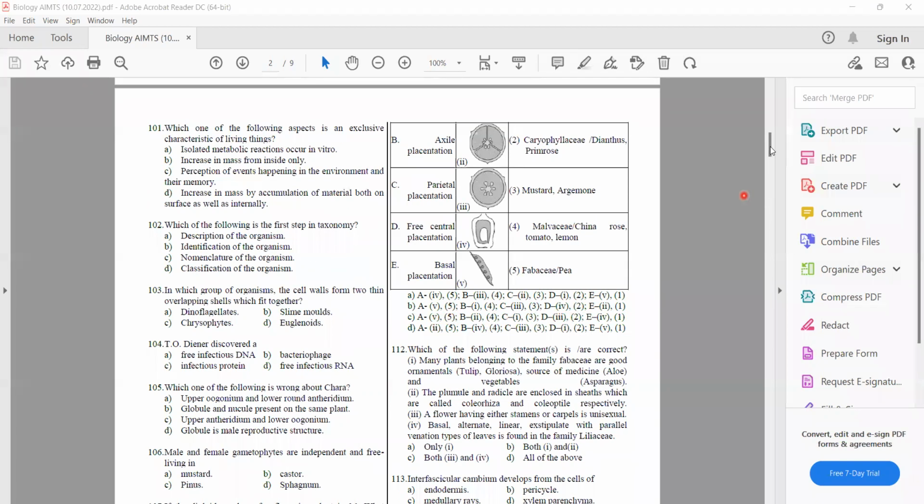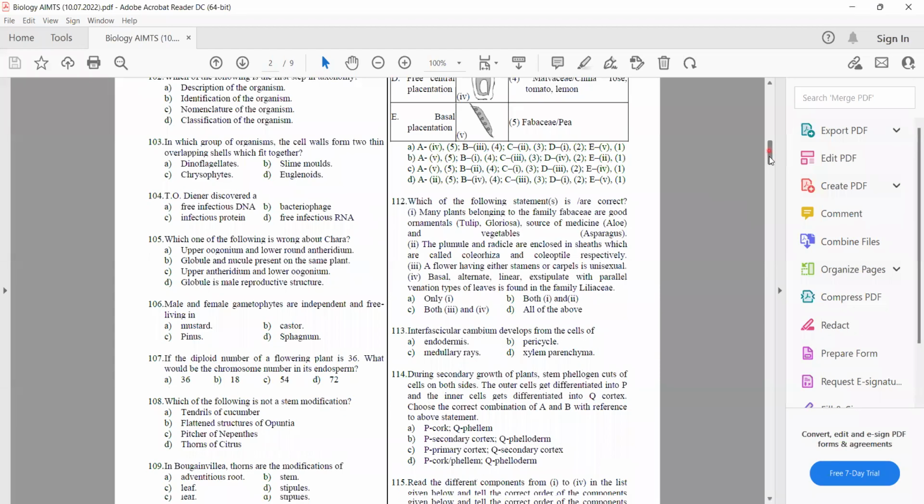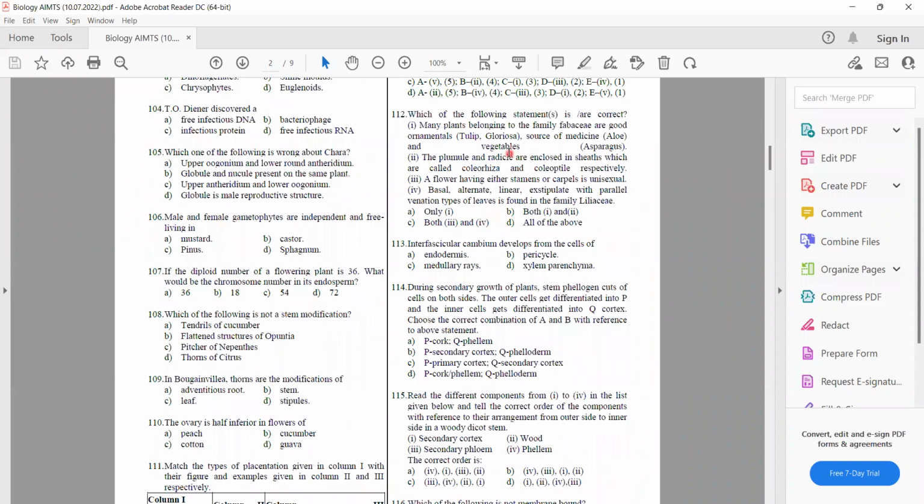Then 112, which of the following statements are correct? In this question, you can see four statements are there, and we are supposed to select the statements which are right. The first statement: many plants belonging to the family Fabaceae are good ornamentals, source of medicines and vegetables.